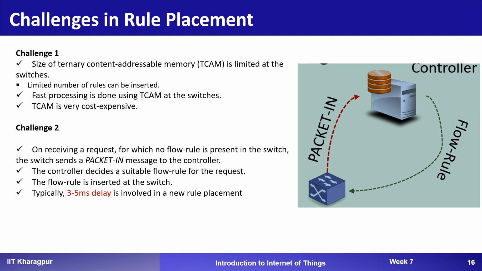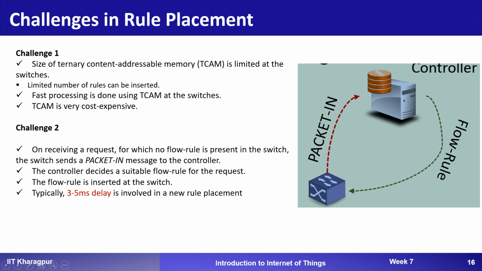Similarly, the flow rules which are used more by your data should be stored at your switches, right? So the first challenge is what are the different rules that can be stored at the switches.